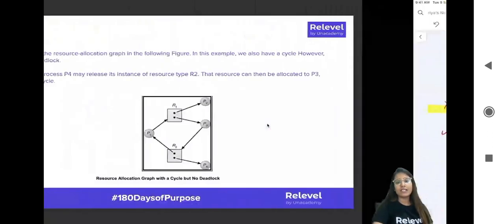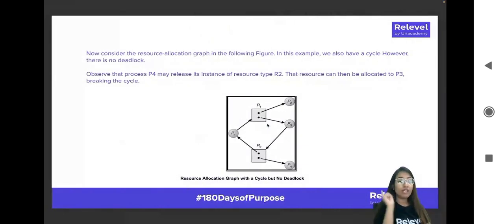So this was a situation where there was a cycle, but there was no deadlock. That is why we said in the start that the existence of a cycle may or may not mean that a deadlock is present. That's the overall idea whenever we talk about resource allocation graphs.